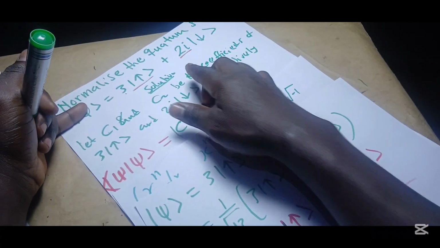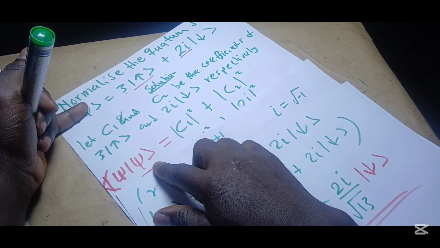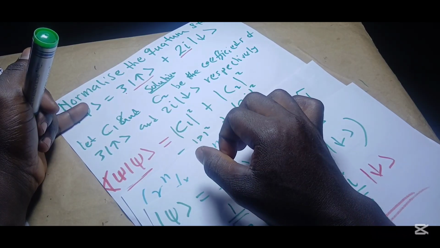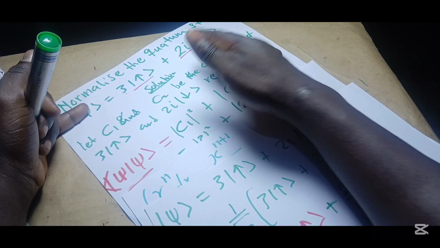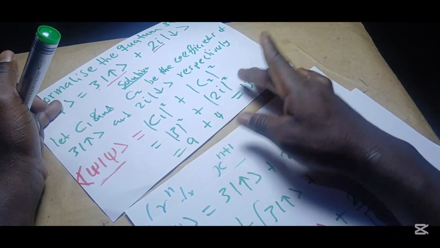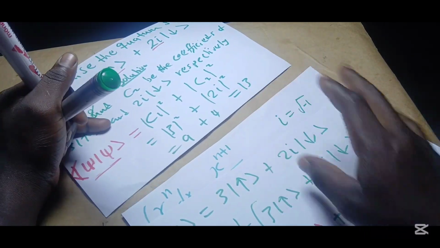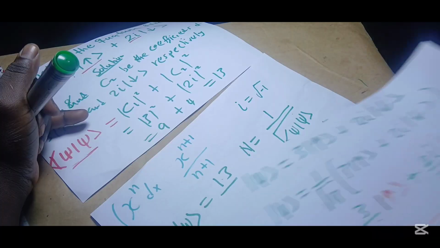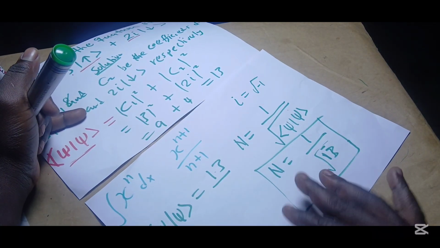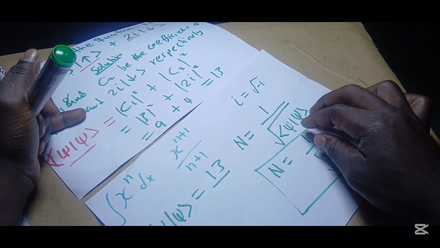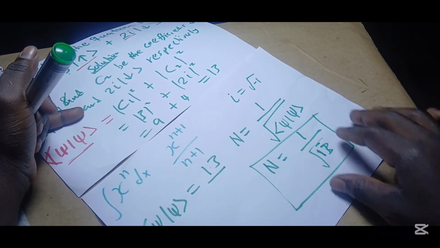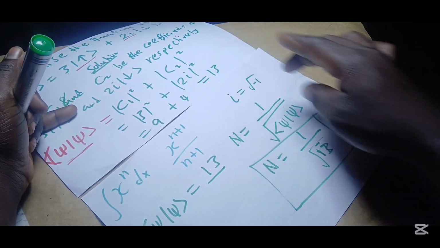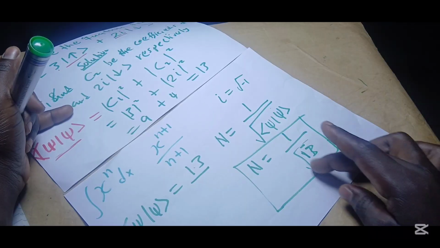So a quick summary. First of all, you have to calculate your norm, and the norm is equal to the sum of the absolute squares of each coefficient given, and we've gotten it to be 13. The second step is to calculate your normalization constant, which is 1 over the square root of the norm. Our norm was 13, so it is 1 over the square root of 13.